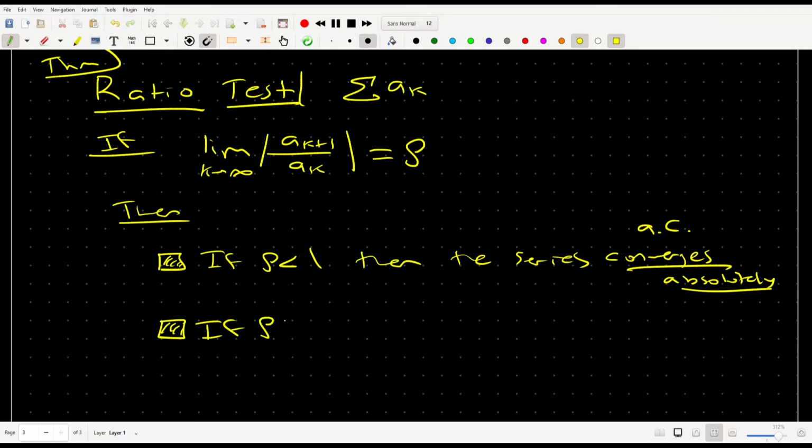If rho is strictly greater than 1, then the series diverges.